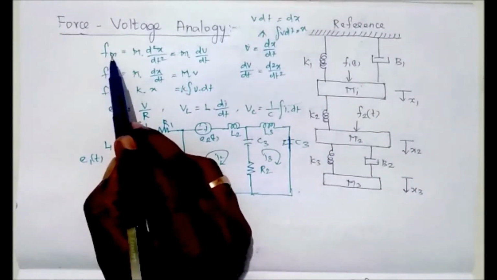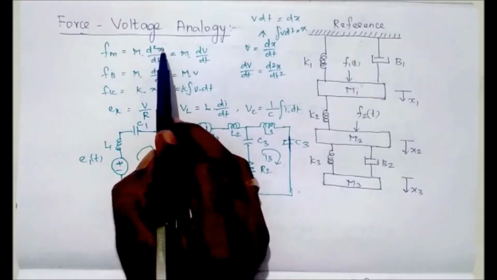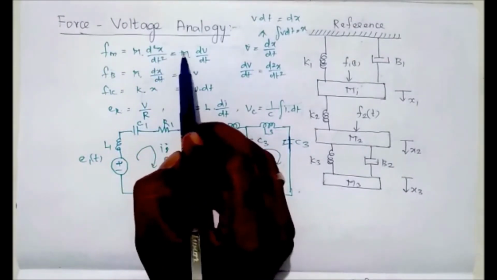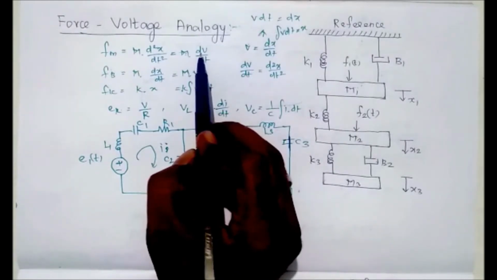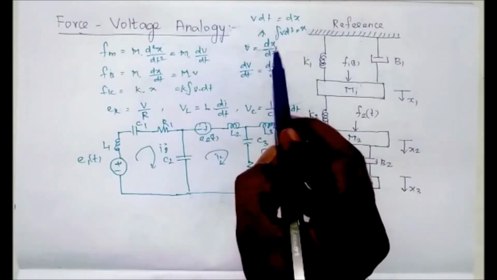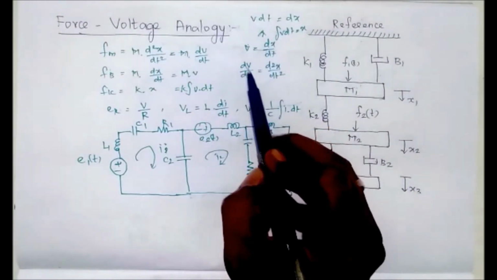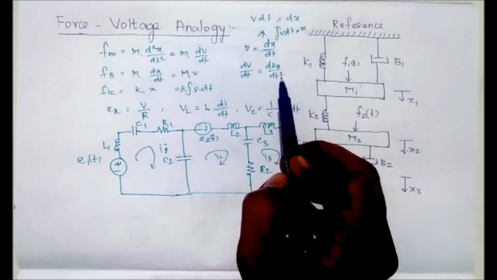So this is the force produced by mass elements: m into d square x divided by dt square, equal to m into dv divided by dt. This is in terms of velocity because we know velocity is the derivative of displacement, and the derivative of velocity equals acceleration, d square x divided by dt square.